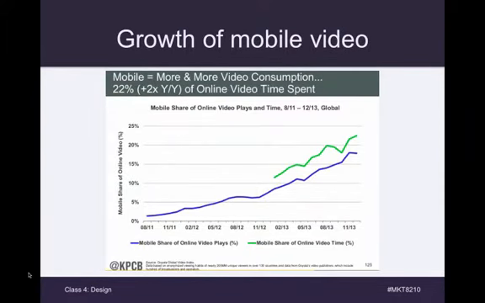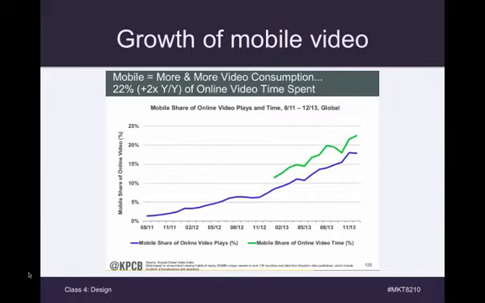This is a fun one, because this has to do with a different trend for online video as well. What this shows is the number of video plays that were done on a mobile device versus the number of plays that were done online.